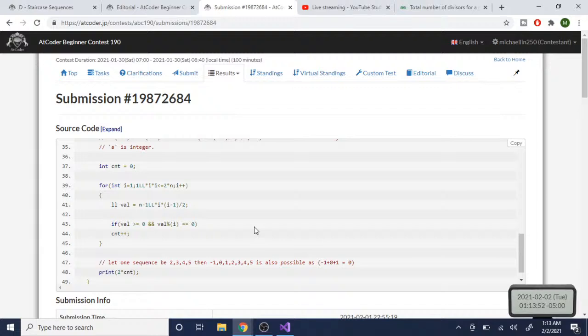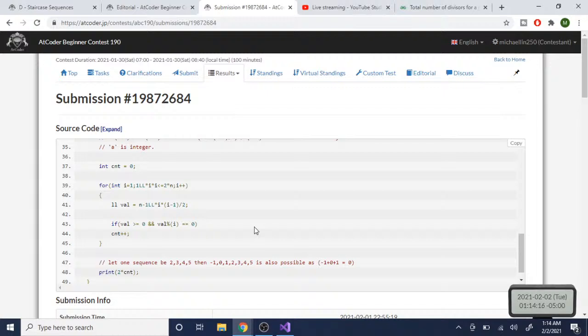I times I minus 1 over 2, that's the summation of I minus 1, I think. Right? Because n times n plus 1 over 2 is the summation of n.